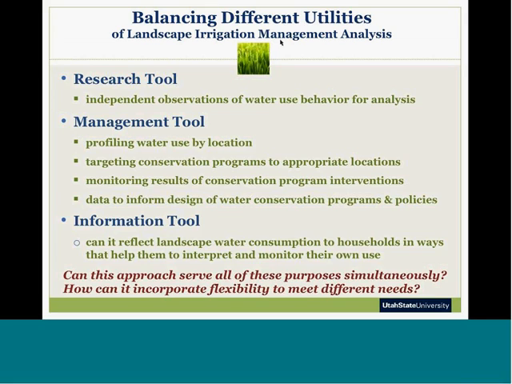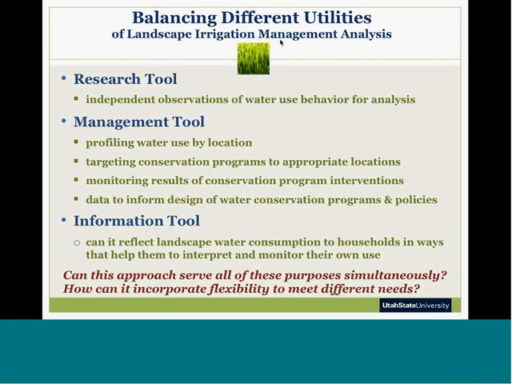We developed it clearly with management implications for water utilities of how they could use it to profile water use by location, target conservation programs to the locations with capacity to conserve, how they could monitor results of conservation programs to test their effectiveness, and then how they could use the information to design water conservation programs and policies.